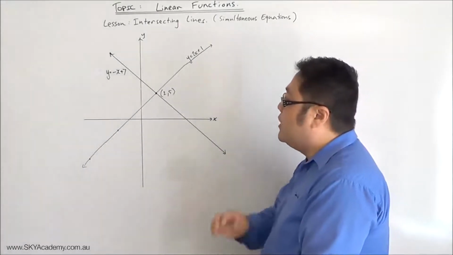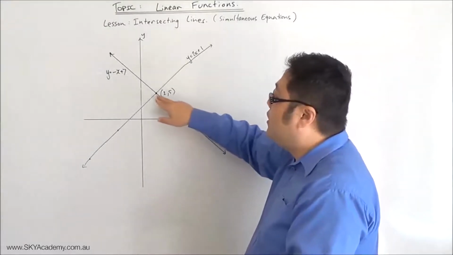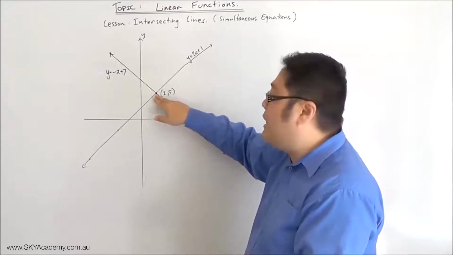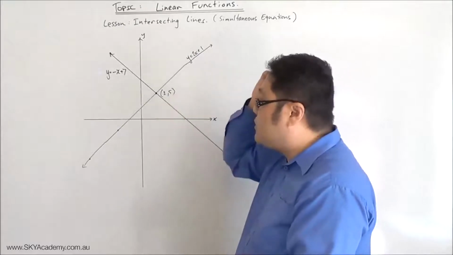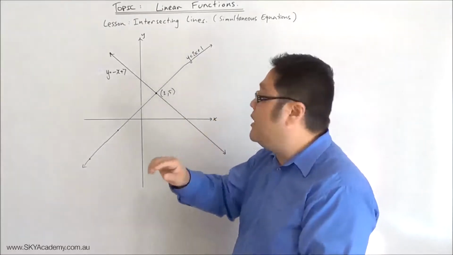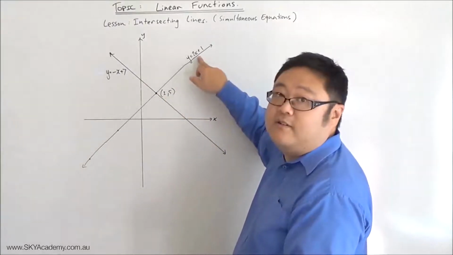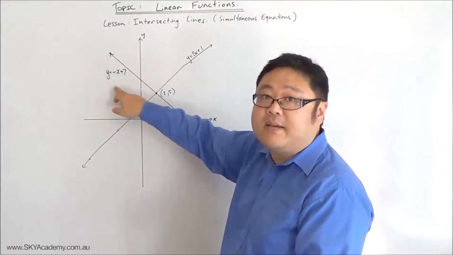So the question I want to ask you is, how do we know where two lines cross? How do we know the point where two lines cross? Well, the point where two lines cross is going to be where that point satisfies both this equation and that equation. Does that make sense?